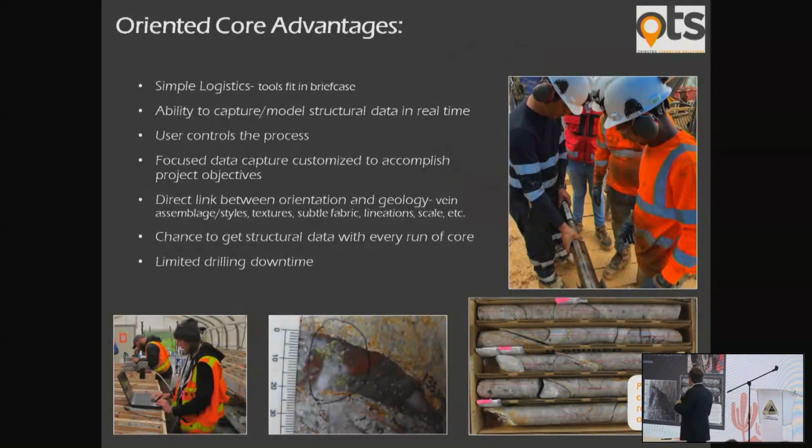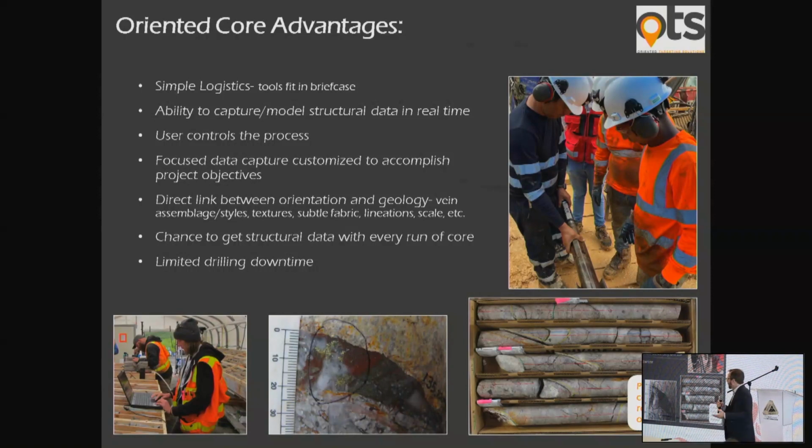So the advantages of oriented core, there's a few different ways to get structural data out of rocks. But we like oriented core because the tools fit in a briefcase, and basically the user controls the process. We want geologists to behave like surface mappers with core and in the core shack.